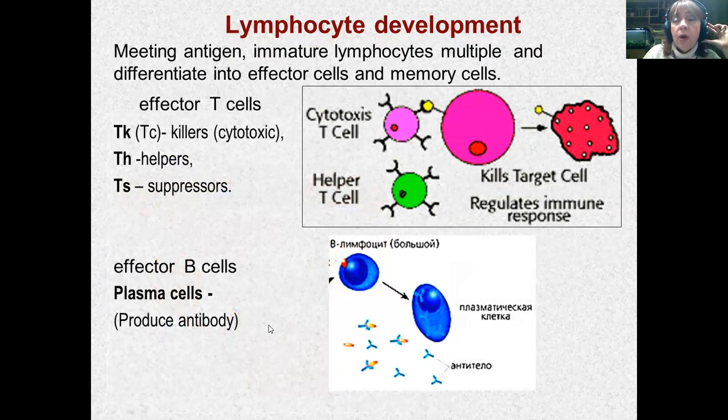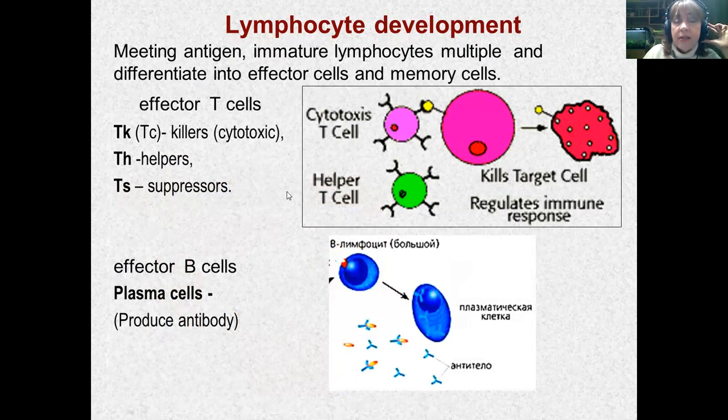In peripheral organs, lymphocytes meet the antigen and it causes their multiplication and differentiation into effector cell. After T cell encounter antigen, it produces three types of effector cell: T killers or T cytotoxic, which can cause contact lysis of target cells.